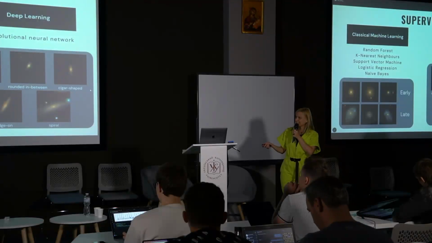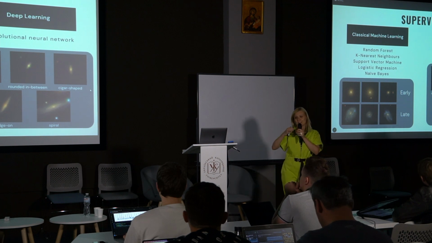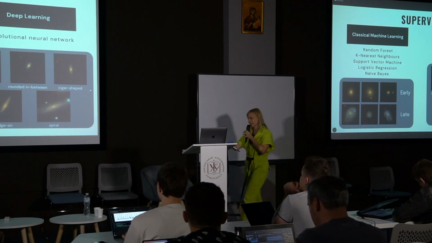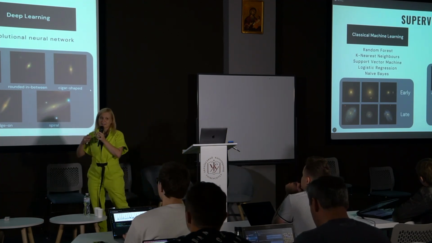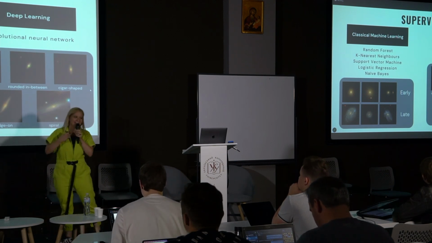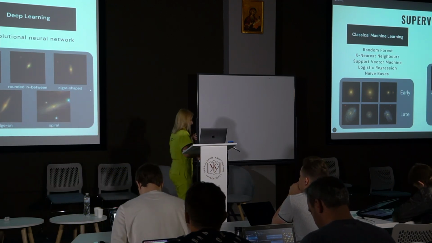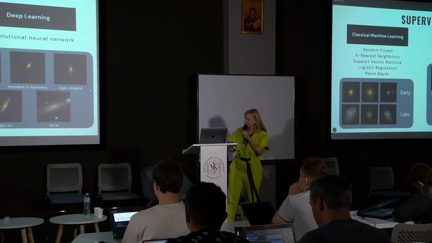Because late type galaxies, all spiral and irregular, have gas. Gas is like a bridge to make a star. And elliptical galaxies have no gas, so this galaxy cannot make a star. That's why early and late type.